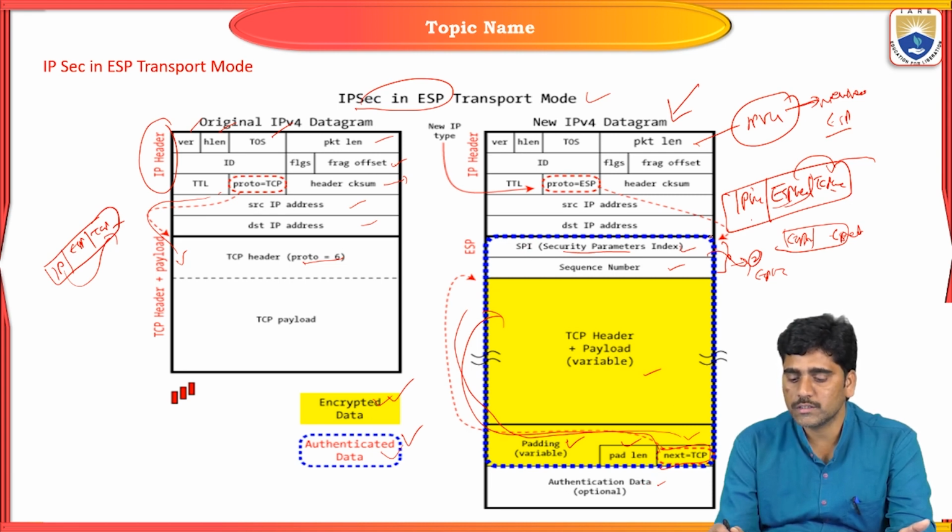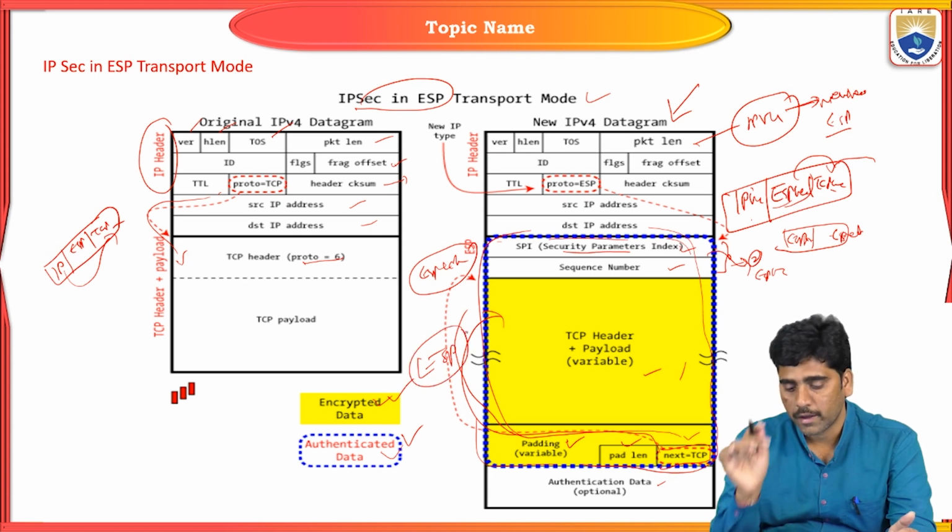The data containing the ESP header plus ESP trailer is in the form of authenticated data. The data covered by the fields contained in ESP is encrypted or authenticated data.